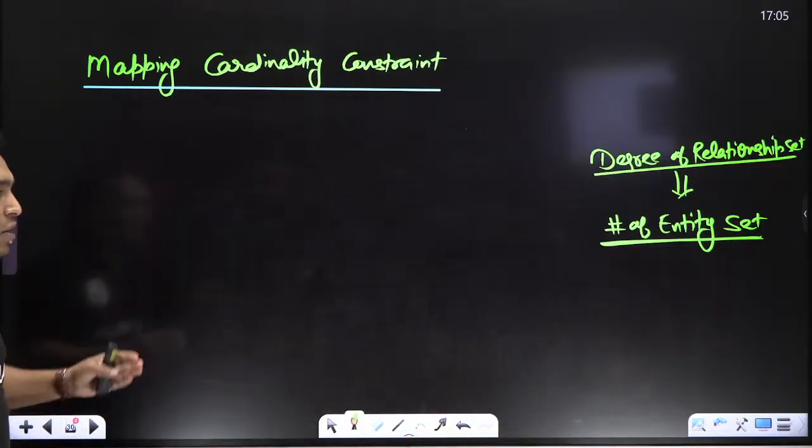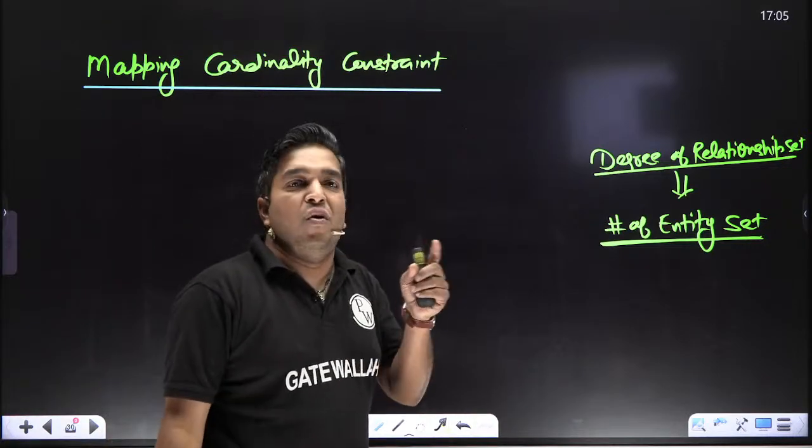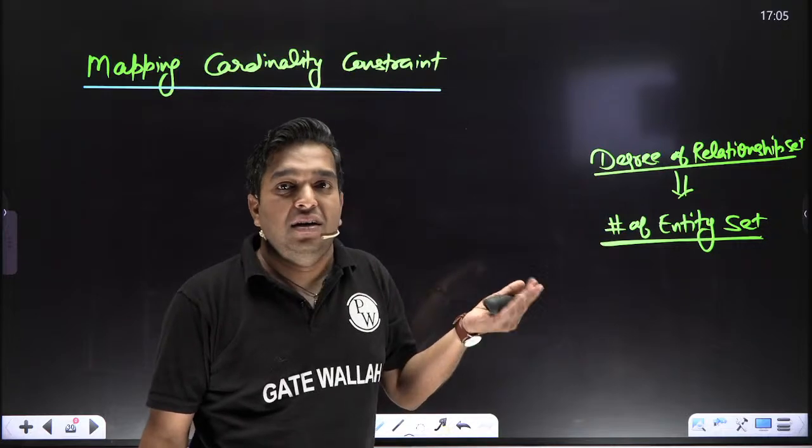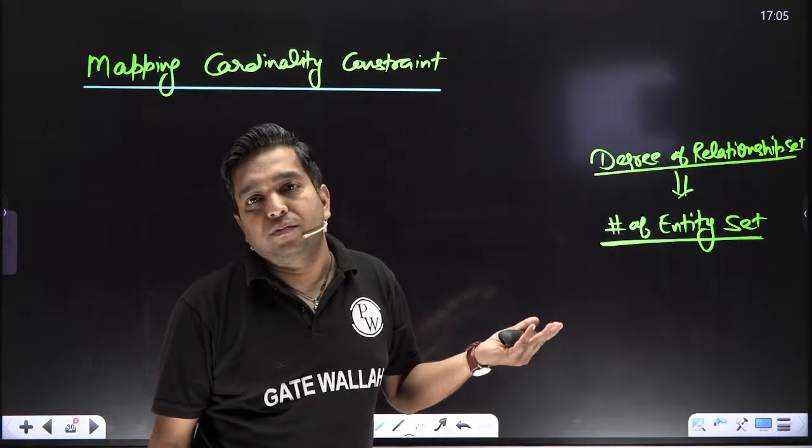And cardinality tells you how one entity of entity set E1 is associated with another entity of entity set E2. Are you getting my point?